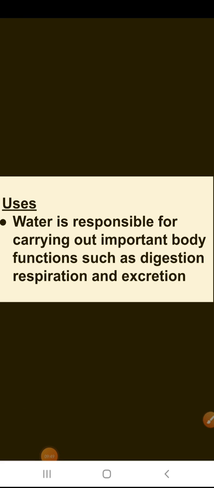Water is responsible for carrying out important body functions such as digestion, respiration and excretion. For the proper functioning of our body, we require water: for digestion of food, for respiration, for excretion, for all these activities, water is required.